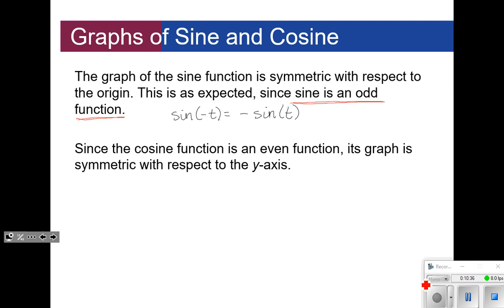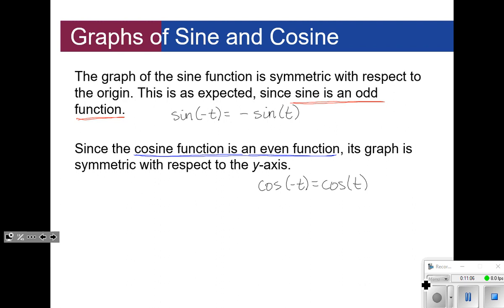Now, cosine, however, is an even function. An even function looks like cosine of negative t equals cosine t. Okay, if you remember on an even function, regardless of whether you put in a pi over 3 or a negative pi over 3, you're going to get the same answer.